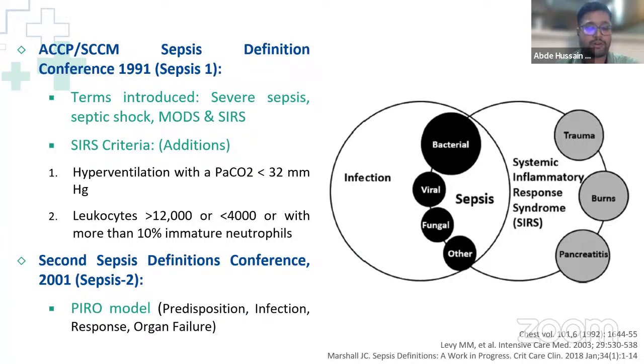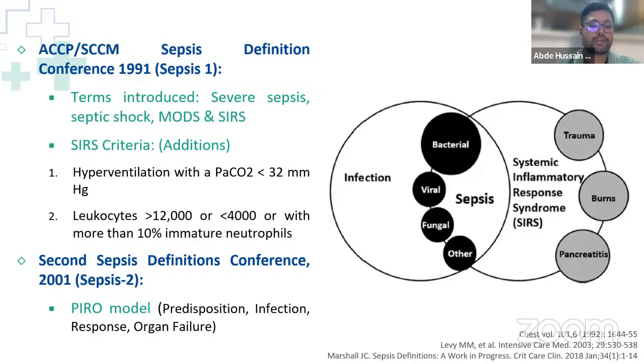Further, after this dissatisfying sepsis syndrome criteria, in 1991 the American College of Chest Physicians and the Society of Critical Care Medicine conducted a conference to define sepsis. They defined sepsis as the systemic host response to tissue invasion by an organism. Severe sepsis was defined as sepsis in association with organ dysfunction, and septic shock was proposed to describe cases of sepsis with hypotension.